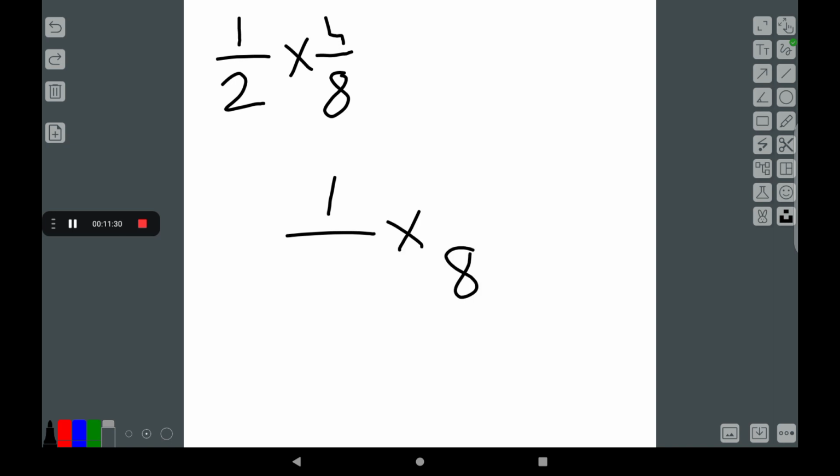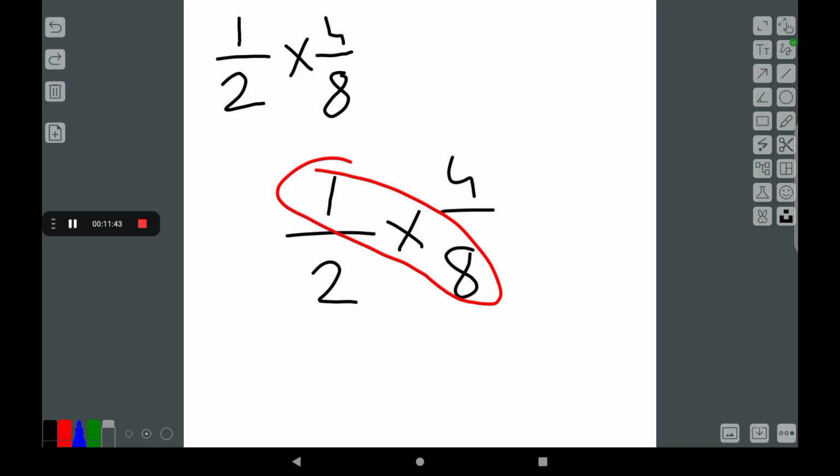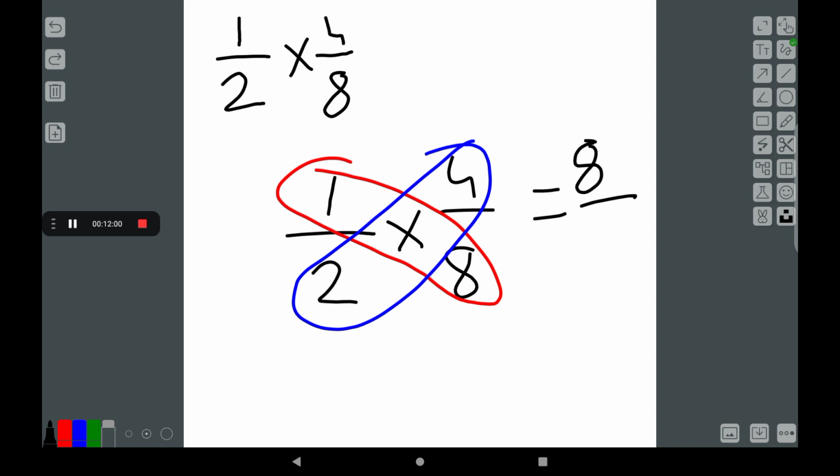So here 1 and 8, 1/8, 4/2. Multiply for the answer. So the answer equals 8/8.